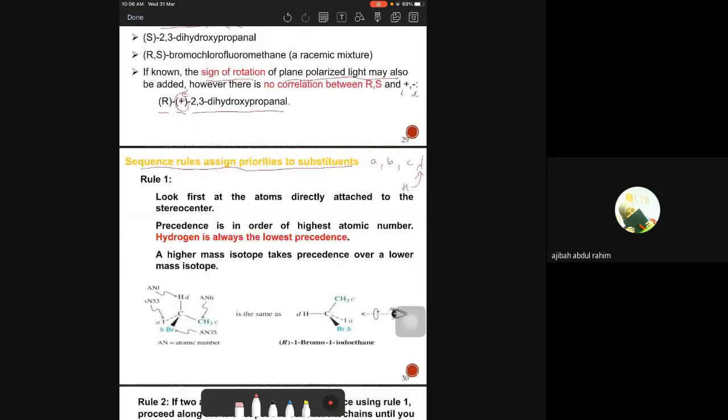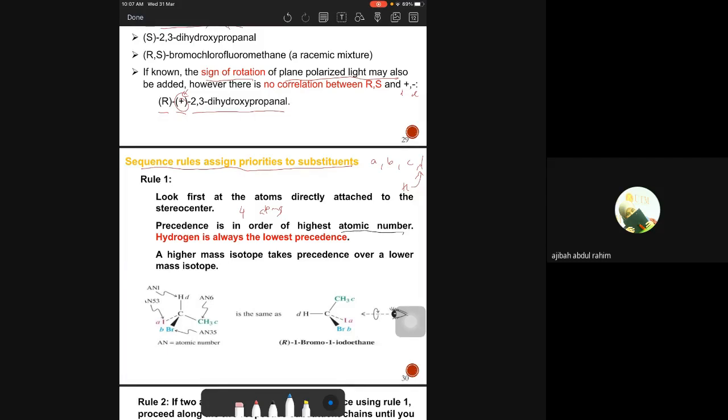The first rule would be to look first at the atoms directly attached to the stereocenter. You have to identify the four atoms directly attached. Then, precedence is in the order of highest atomic number. So you have to select the atom with the highest atomic number.